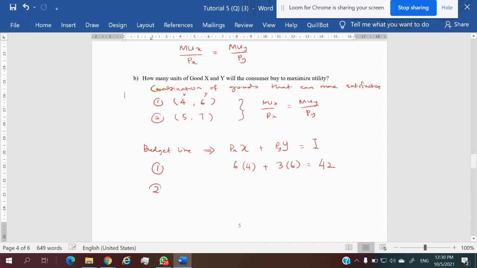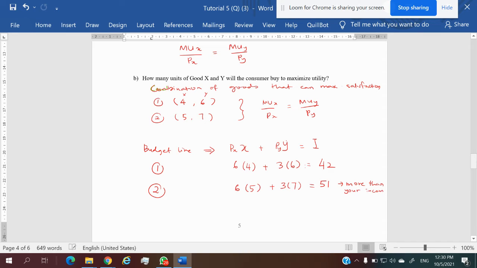If we use the second combination, what will happen? 6 times 5 plus 3 times 7. How much actually? 51. So this is more than your income level.